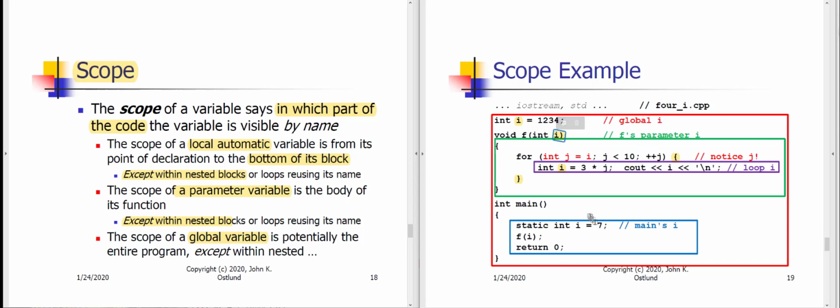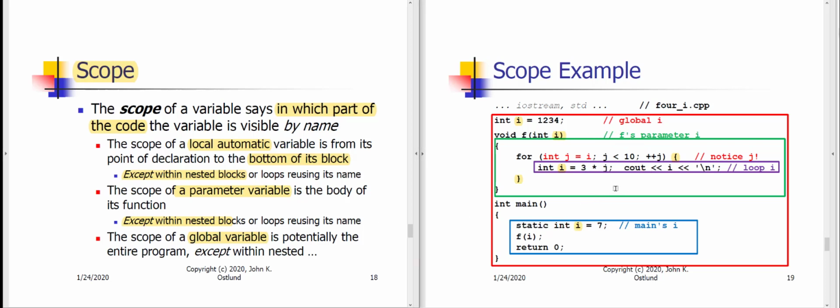I also have, in main, a local variable called i that's hiding the global i from here. So in fact, although I do have this global variable called i, that global variable i is hidden from view in both the f function and the main function.